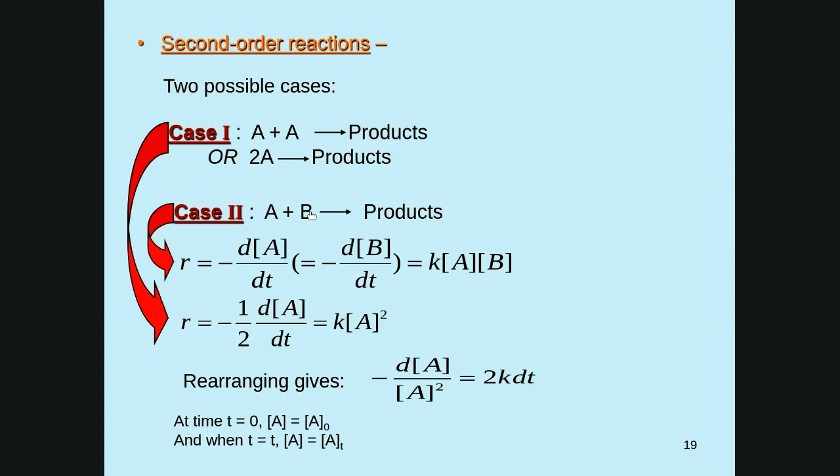So we have minus dA by dt, which in this case is also the same as minus dB by dt, because A and B disappear at the same rate.